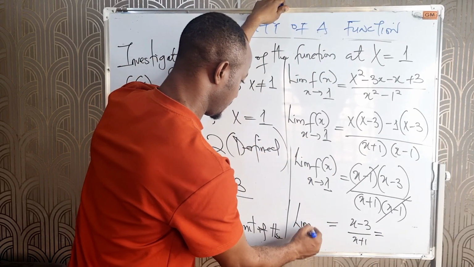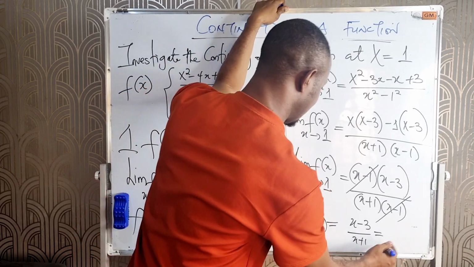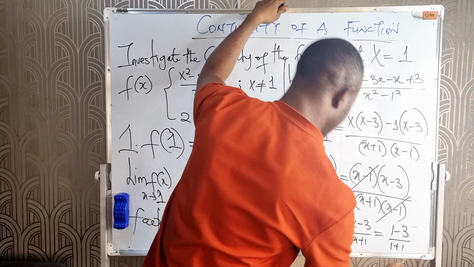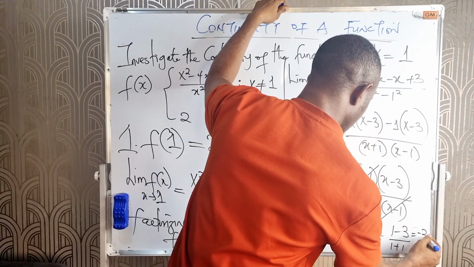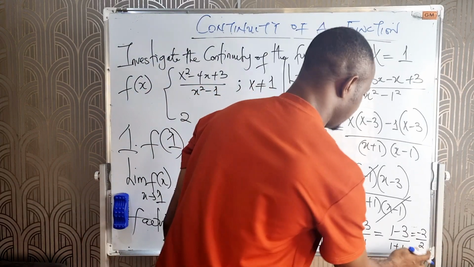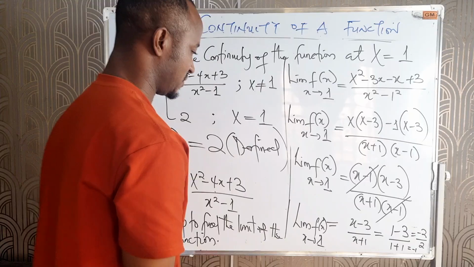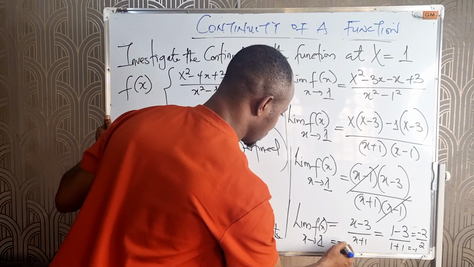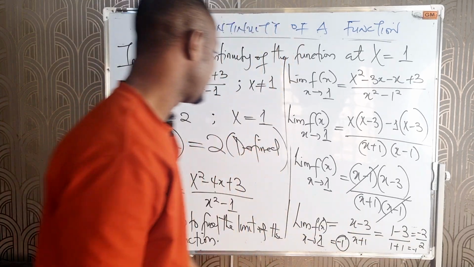The limit of f of x as x approaches 1 will then be 1 minus 3 divided by 1 plus 1. 1 minus 3 gives us minus 2 divided by 2, which is minus 1. So our limit of f of x is simply equal to minus 1.